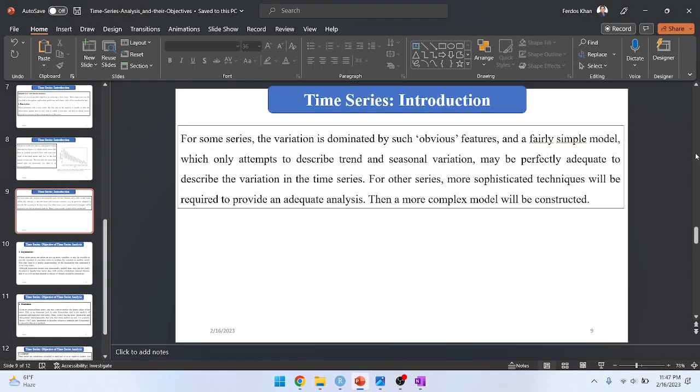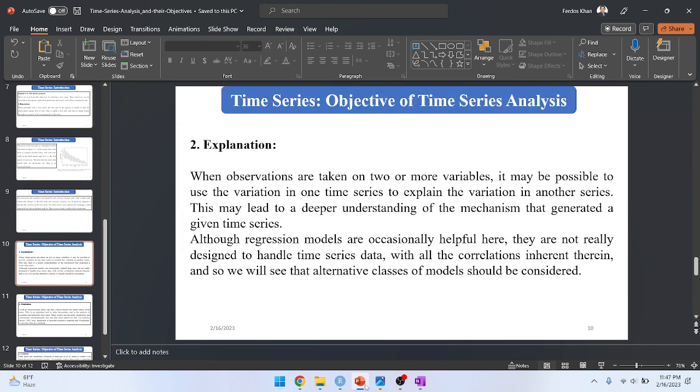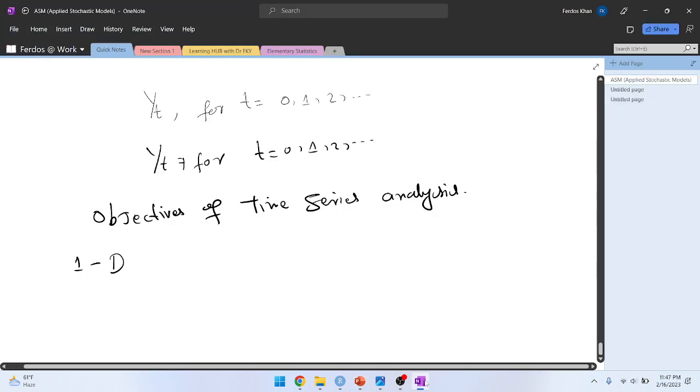The first one was description. The second one is explanation.